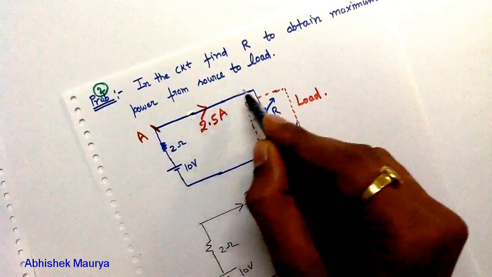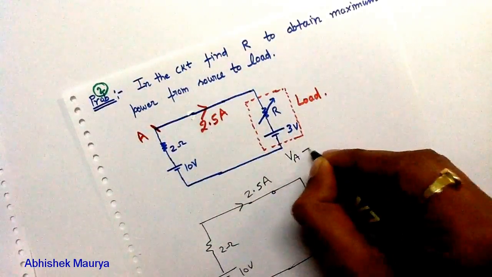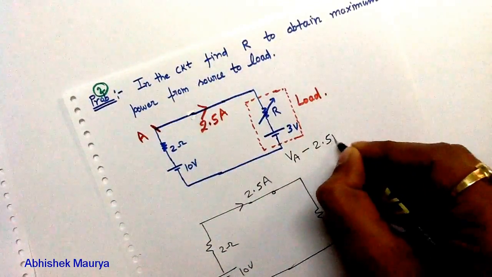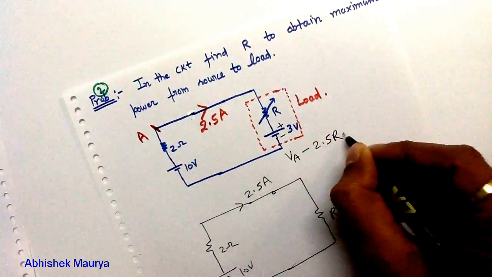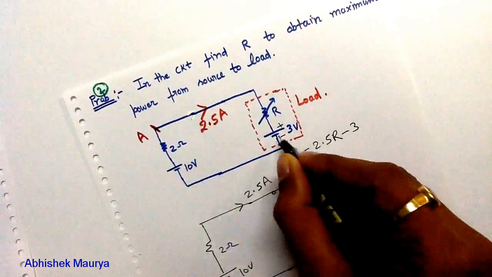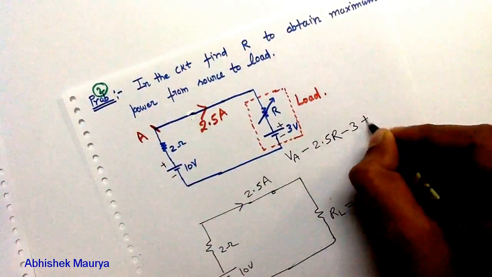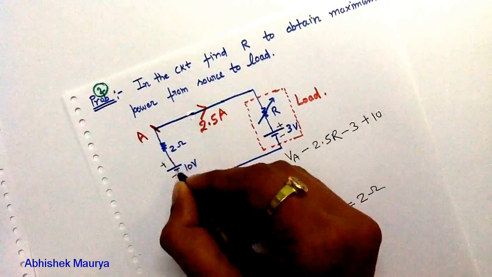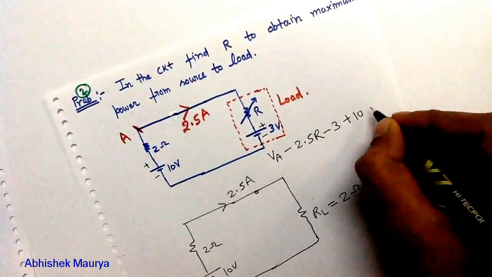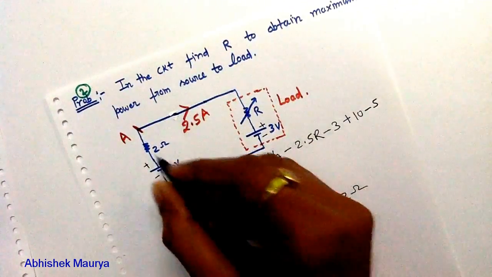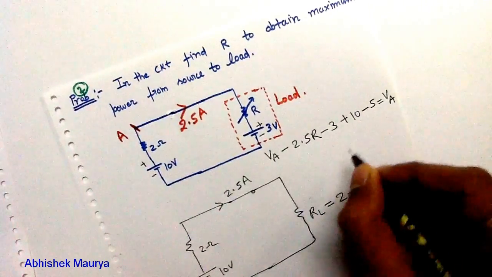VA, in the direction of the current, the potential will decrease by I into R, minus 2.5 into R. From plus to minus, the potential will decrease by minus 3 volt. From minus to plus, the potential will increase by 10 volt. And again, in the direction of the current, the potential will decrease by I into R, so minus 5. And now this is point A.